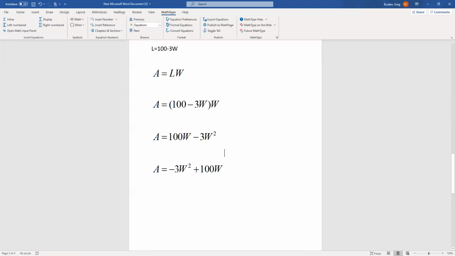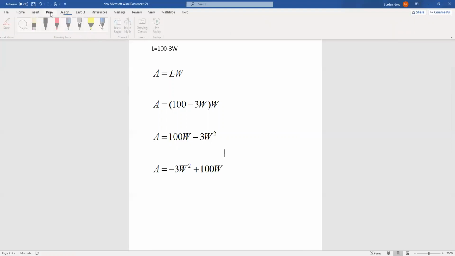And so we'd have area is equal to -3 times W squared plus 100W. And of course, this leading coefficient tells us that we have a concave down parabola like so. And we're trying to find the vertex right up here. Looks just like a parabola, right?